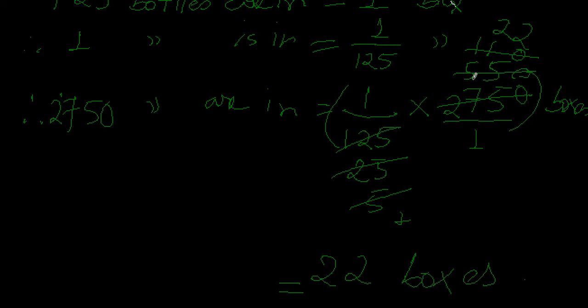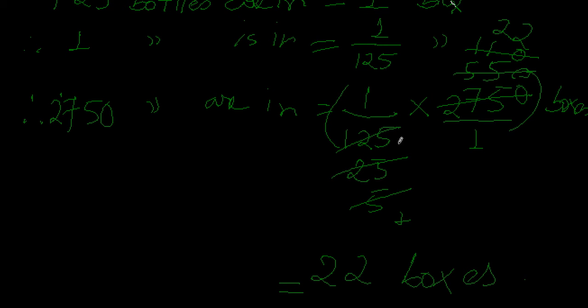So basically in this problem I had two pieces of information: the total number of bottles, which is 2750, and 125 bottles are in one box. So 125 is the second number, and I have divided the first number by the second number, and I have got my quotient as 22. I didn't have to do the division in the long division method.